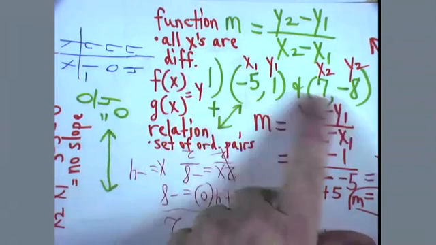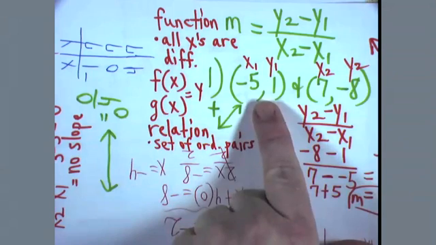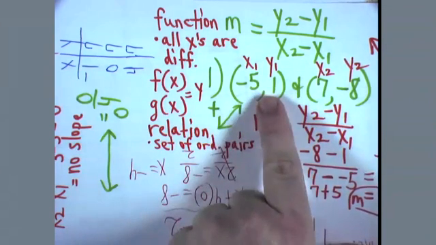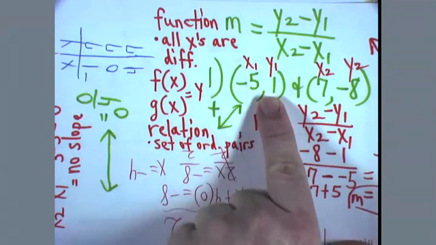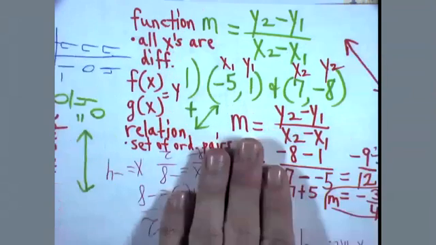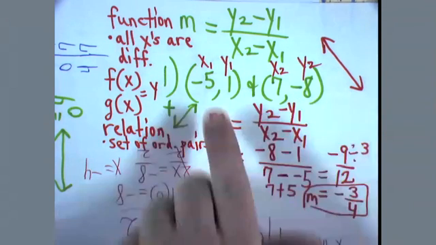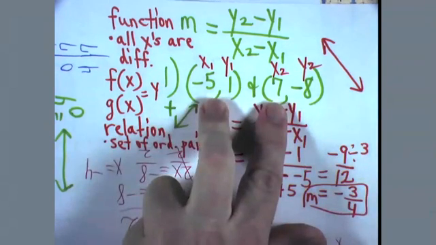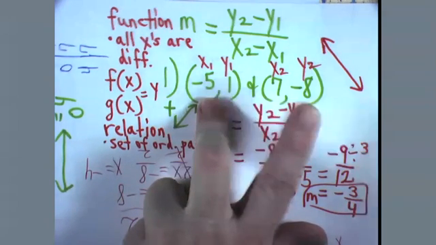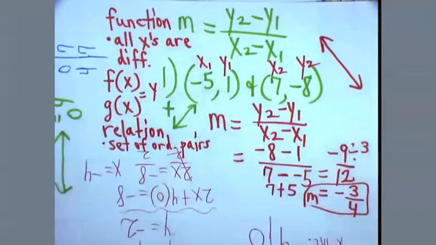So for this first example, if we were to plot these points and draw the graph, we already knew that it would end up being some type of line that's falling down from left to right. Because the x-coordinates are different, this particular line would be a function.